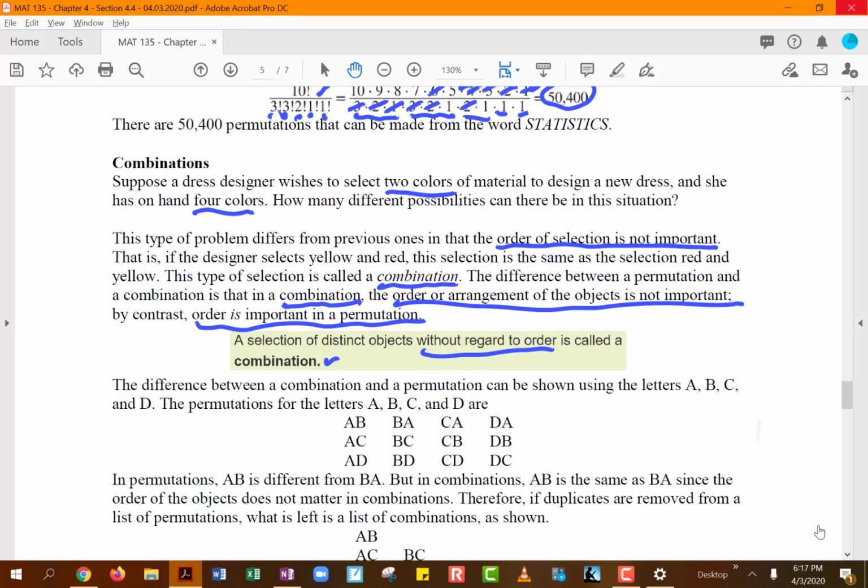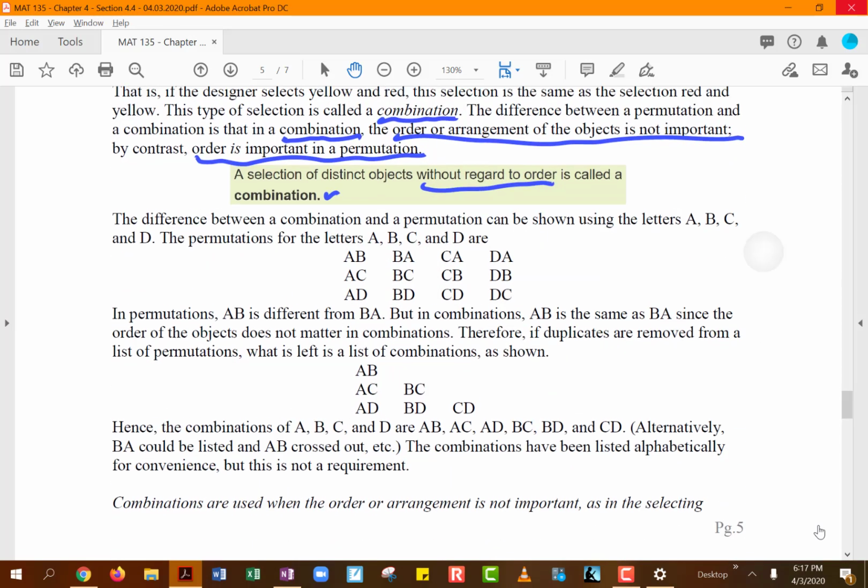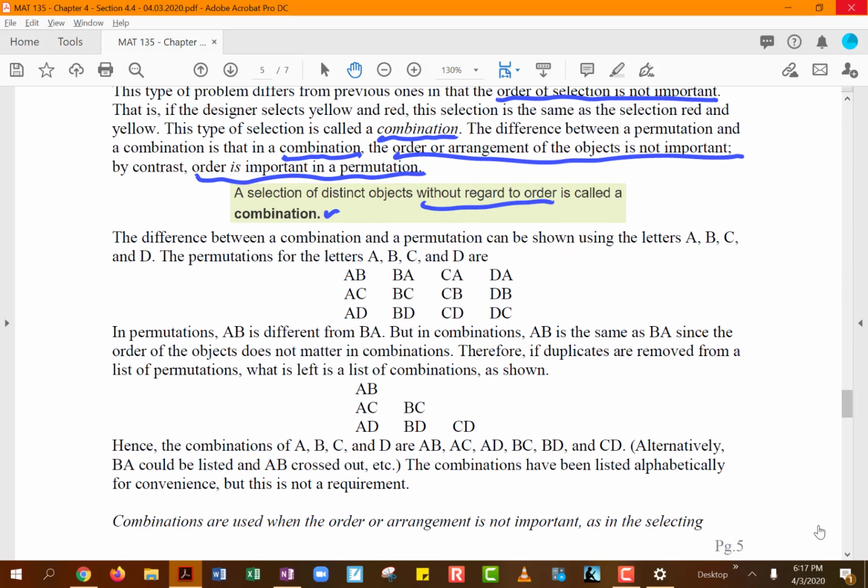They're saying the difference between a combination and a permutation can be shown by using the letters A, B, C, and D. So if you did a permutation, and we're choosing 2 letters at a time, that's AB, AC, AD.